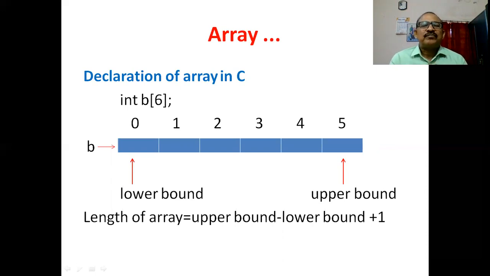So 6 tells the maximum number of elements the array stores. So the index varies, in the C language, from 0 to 5. This 0 indicates the lower bound and index 5 indicates the upper bound. And to determine the length of an array, you can use the formula upper bound minus lower bound plus 1. Is it clear?